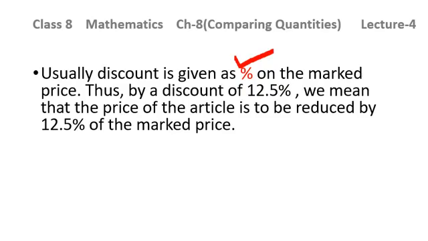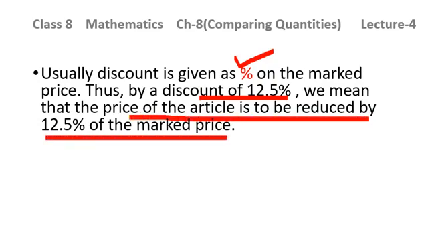Thus, by a discount of 12.5%, what do we mean? We mean that the price of the article is to be reduced by 12.5% of the marked price. We need to first find 12.5% of the marked price and then deduct it from the marked price so that we get the final price, and that price is known as the selling price.